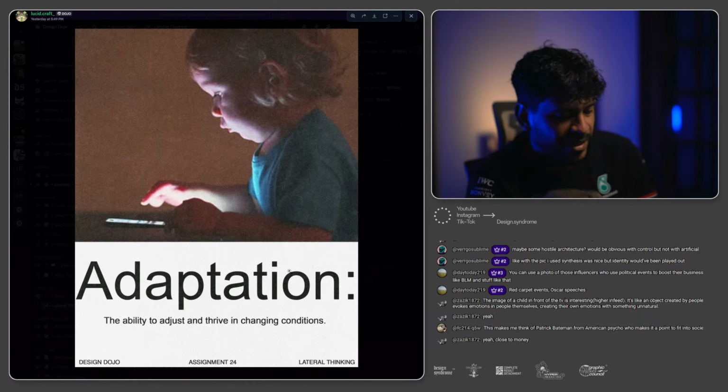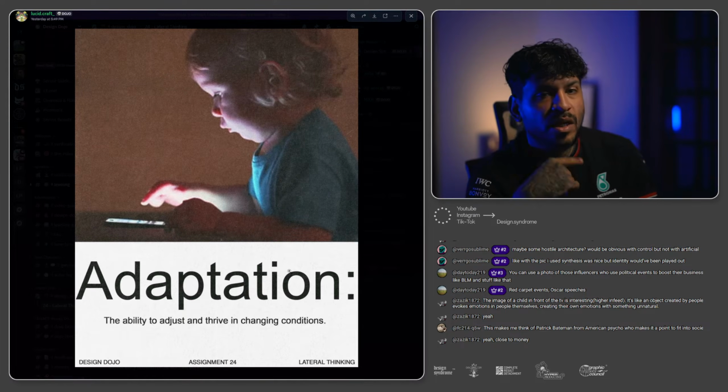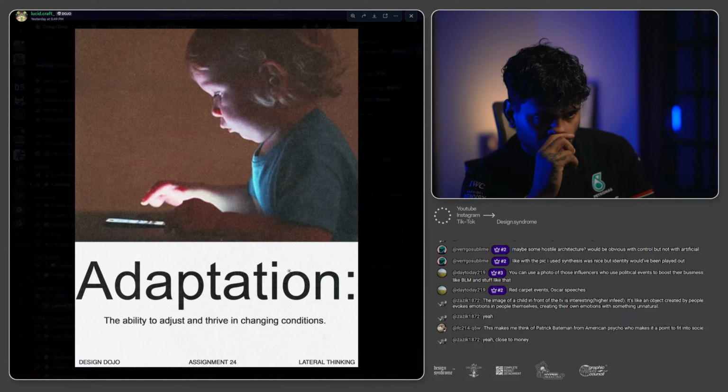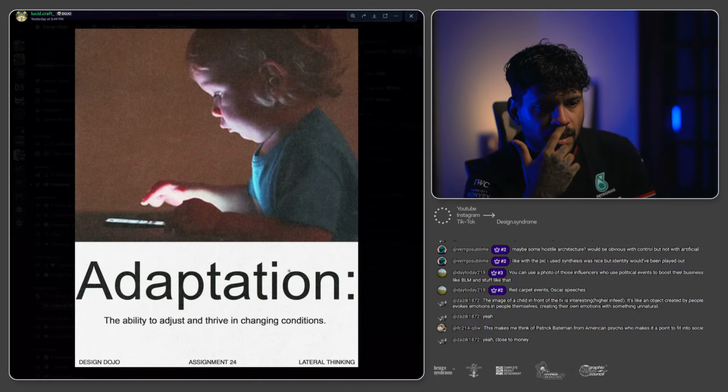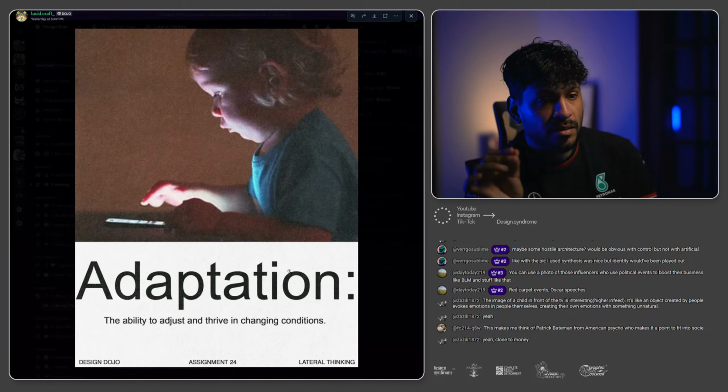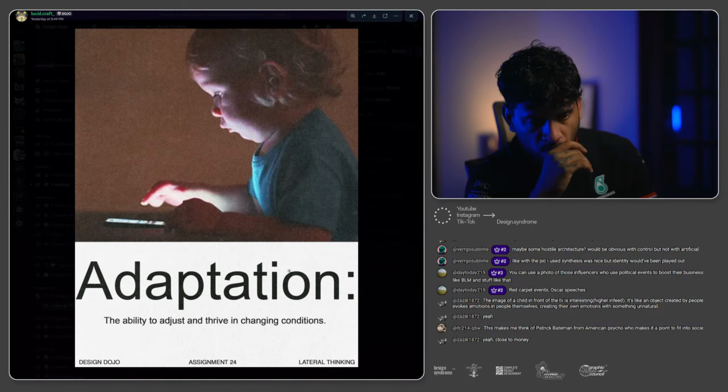He already has the pointing finger and knows how to scroll. It could be the first step in evolution to adapting in a new environment. Adaptation could be the ability to adapt to a new environment, and that's it.